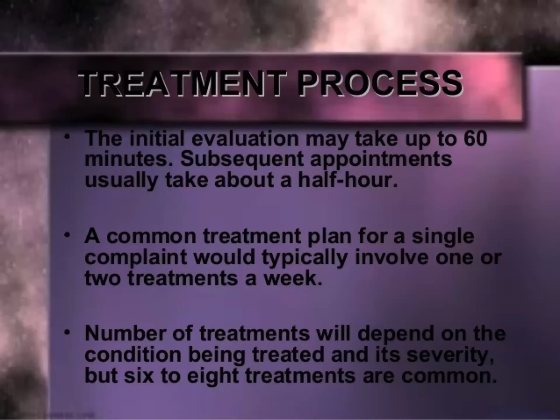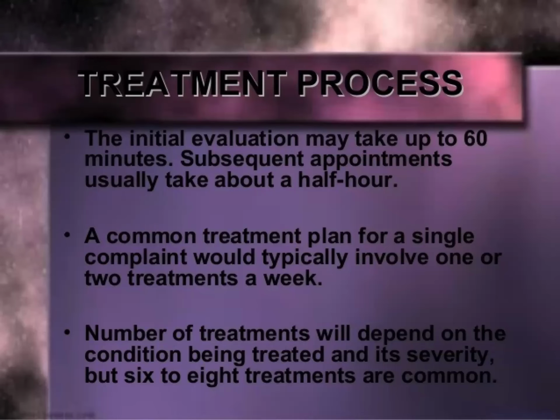So for the treatment process, the initial evaluation may take up to 60 minutes or an hour. Subsequent appointments usually take about half an hour. A common treatment plan for a single complaint would typically involve 1 or 2 treatments a week.